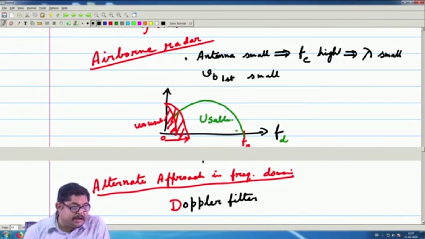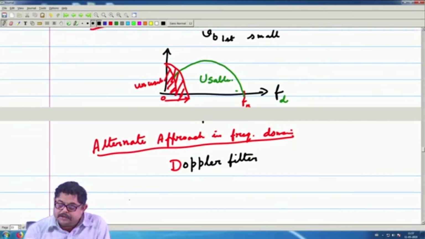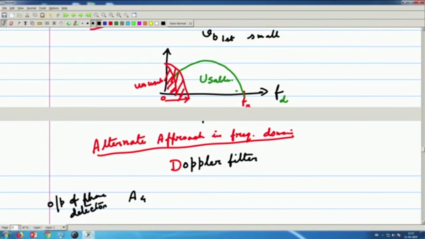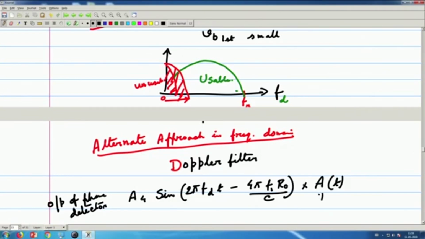The output of that phase detector, in that block diagram of pulse radar from where we came to the MTI filter discussion, was something like A4 sin(2π FD t − 4π F1 R0 / C), now multiplied by the pulse envelope, which we had not done that time.